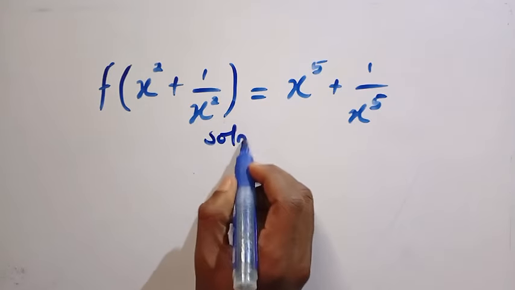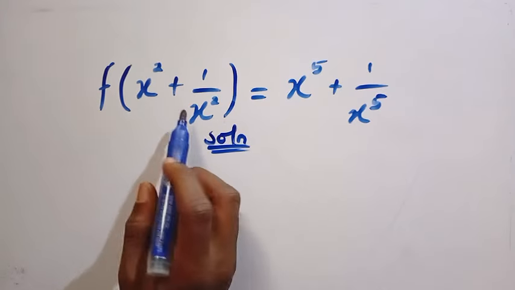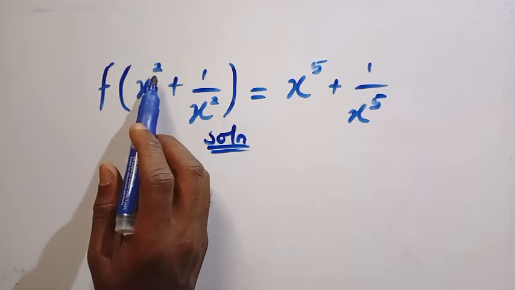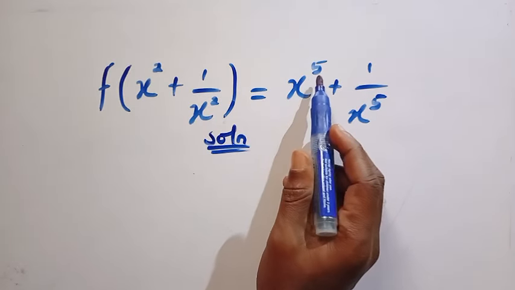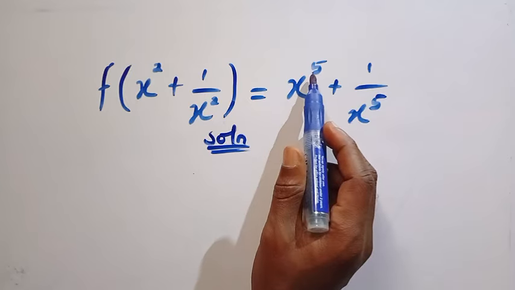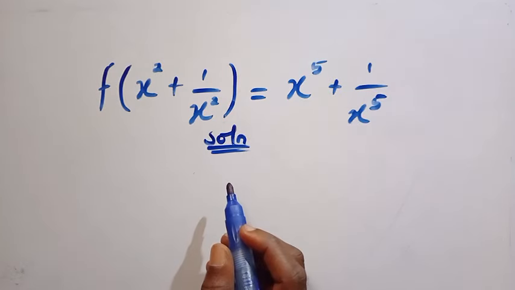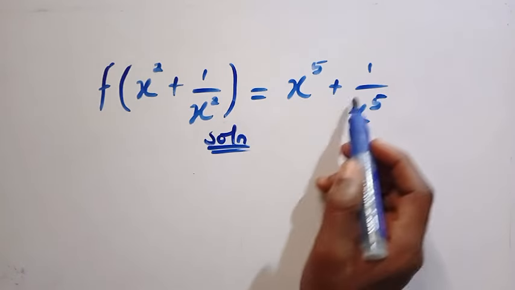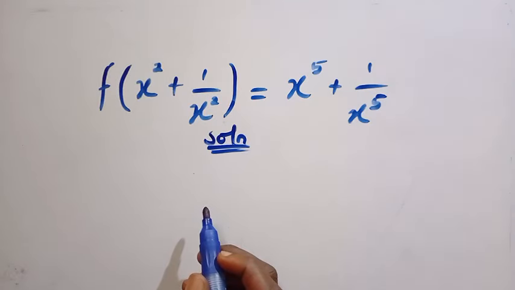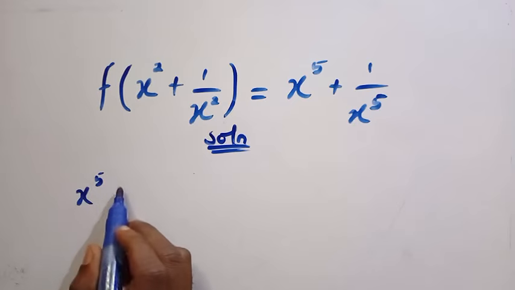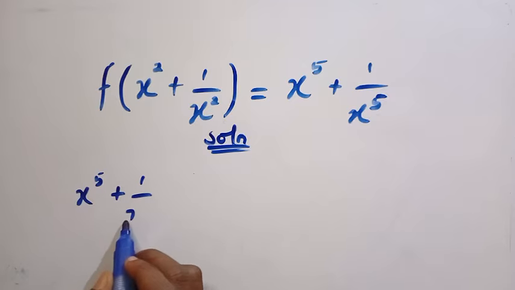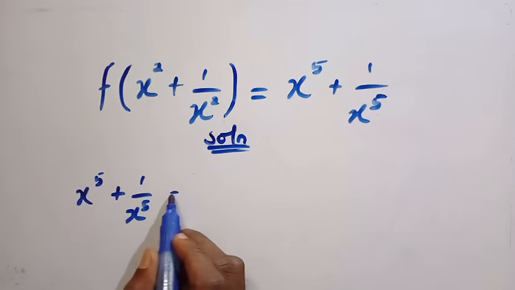Let's consider the solution. We have this domain as x^2 + 1/x^2. And here we have the quintic, which is power of 5, x^5 + 1/x^5. Let's expand x^5 + 1/x^5.